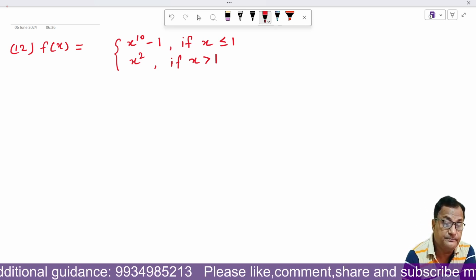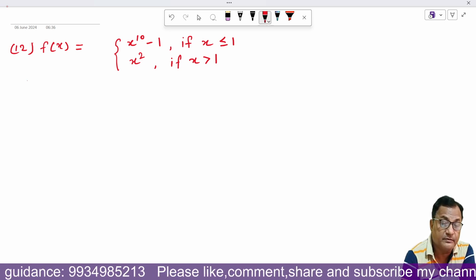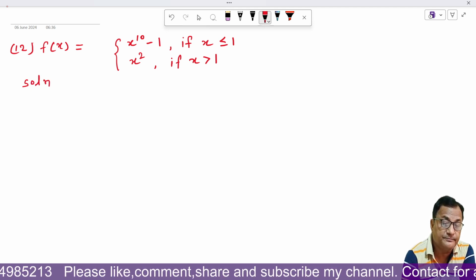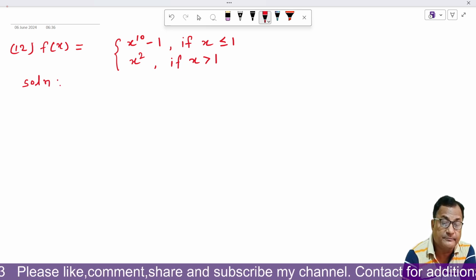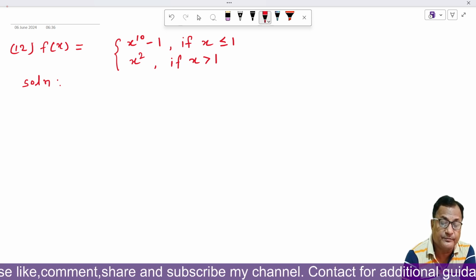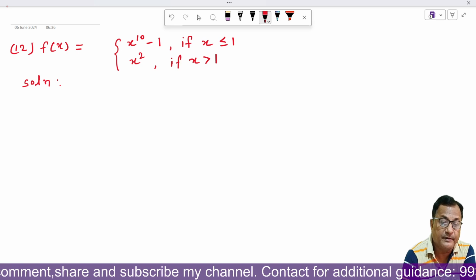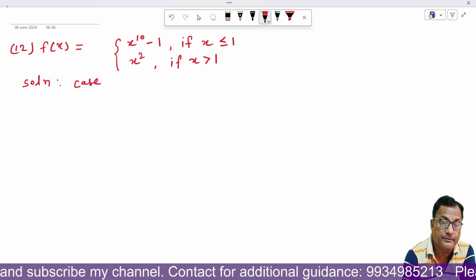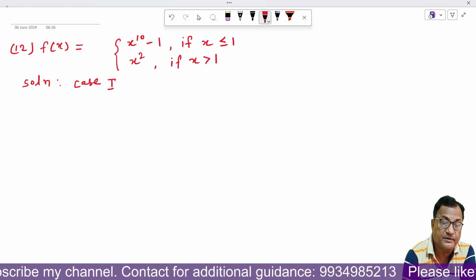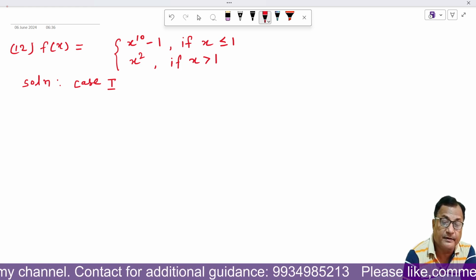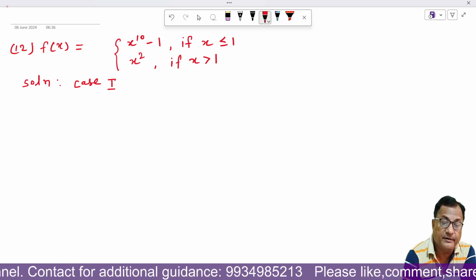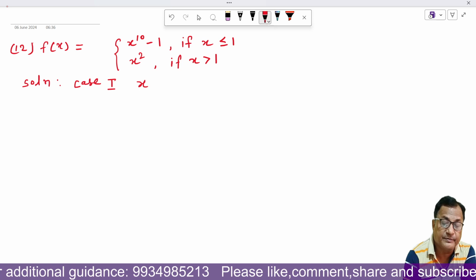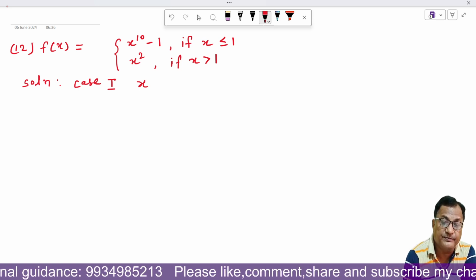So, solution. Here we take case 1: x is less than 1.